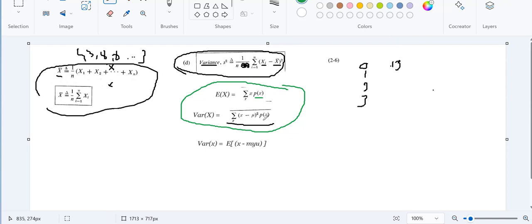They both have a sigma here and a sigma here. So they're a little bit the same. But this one has an x, and this one has an x minus mu squared. So that's kind of the difference between this and this.